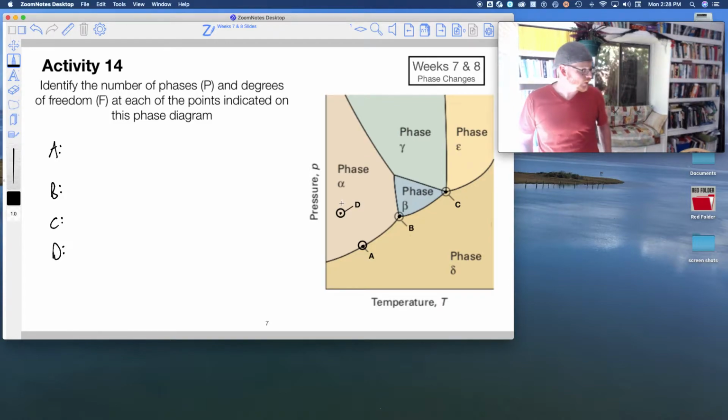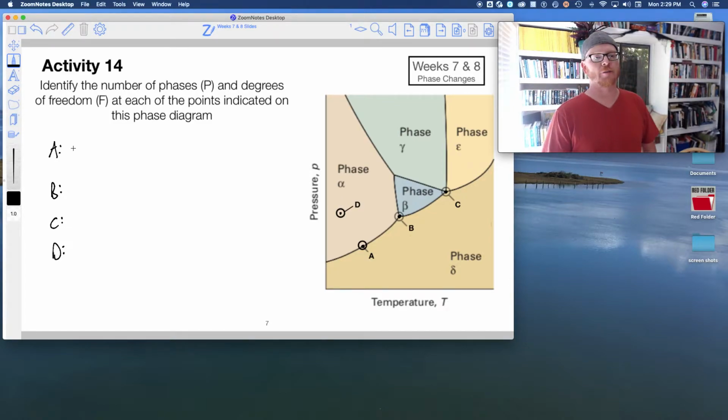First, let's identify the number of phases for each of these. Recall the equation is F equals C minus P plus 2. For everything here, C equals 1, so this is a one-component phase diagram. What about point A? It's on one of these phase boundaries, so there are two phases in equilibrium with each other, phase alpha and phase beta.